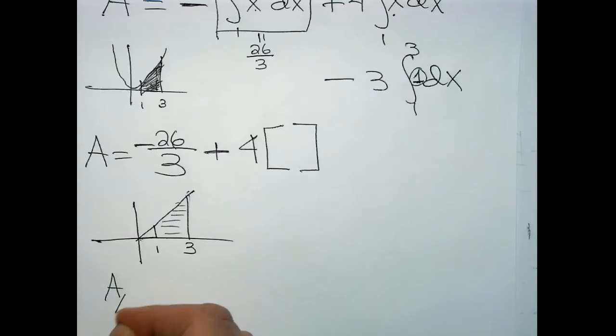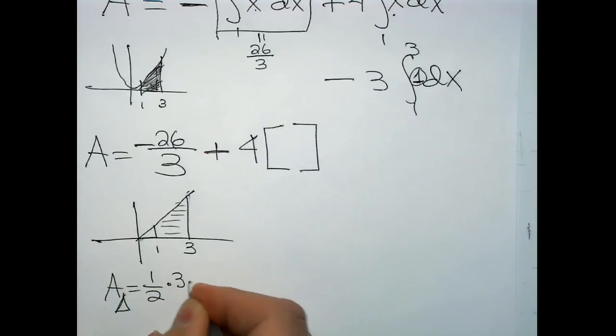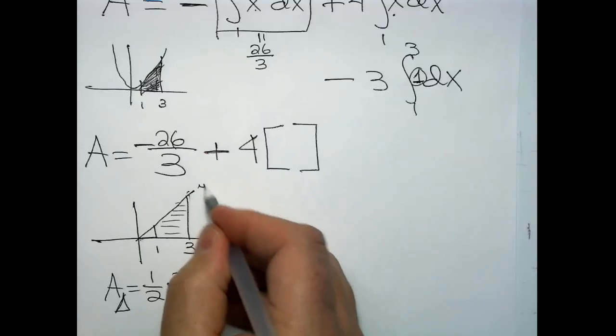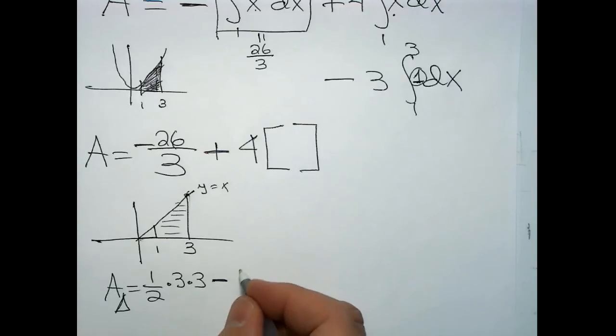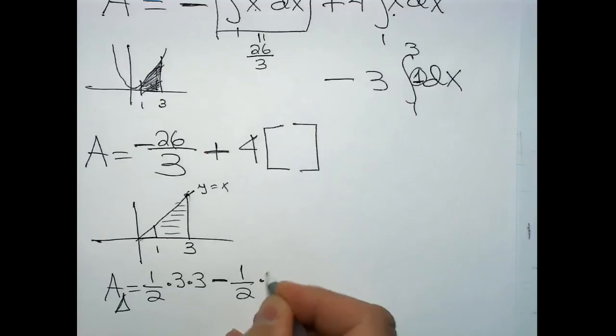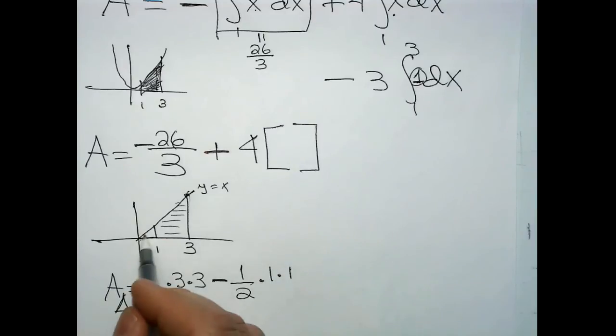Area of the big triangle is 1/2 base times height. This is y equals x, so the height's the same, minus the area of the little triangle, which would be 1/2 base times height. That's to subtract off this area of that little guy. That gives me the area from 1 to 3.